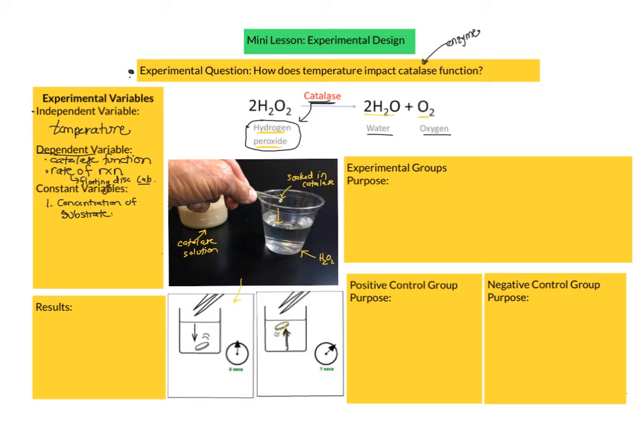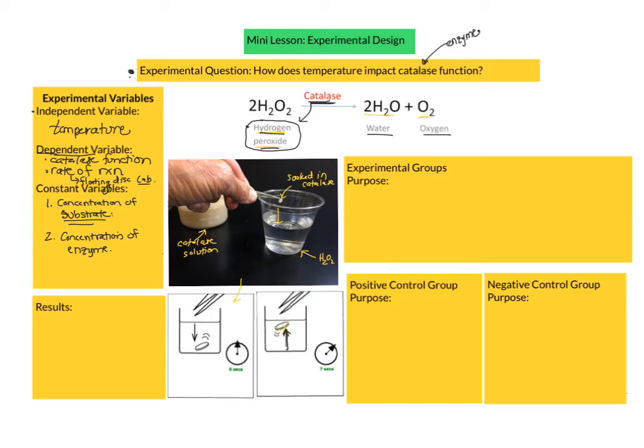Okay, now just to review, what's the substrate of this reaction? Well, it's going to be hydrogen peroxide. That's what catalase is breaking down. And if we were to look at the molecular level, hydrogen peroxide actually binds to the active site of catalase. Okay, the second thing that we're going to want to keep constant is the concentration of enzyme.